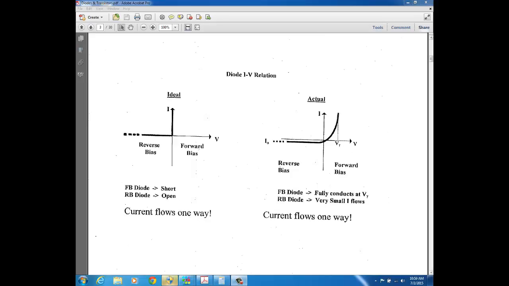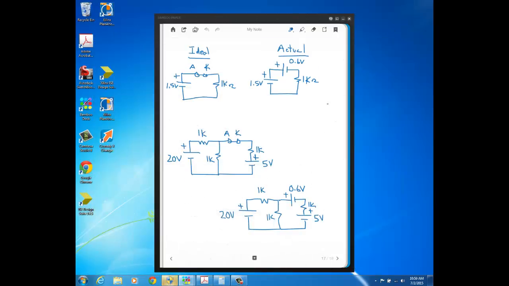So let's go ahead and look at some examples here, some of which we've seen before in the ideal case. In fact, here's the very first diode circuit that we looked at that just had a 1.5 volt voltage source, a 1K resistor, and a diode. And we saw at that time that given the orientation of this diode, it was forward bias.